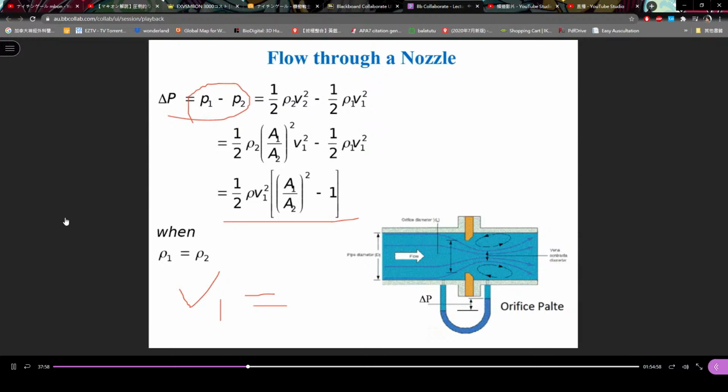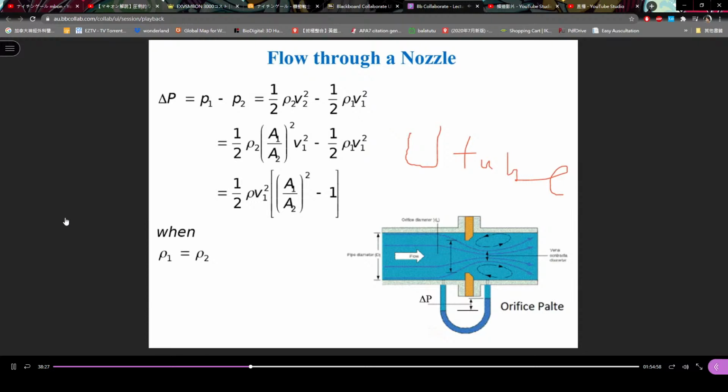And we simply just need to measure the pressure difference here by using this U-tube pressure. Professor Tang has introduced this U-tube pressure difference measurement. How to measure the pressure difference here?